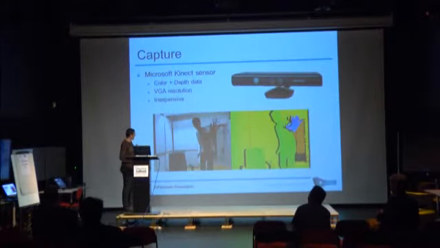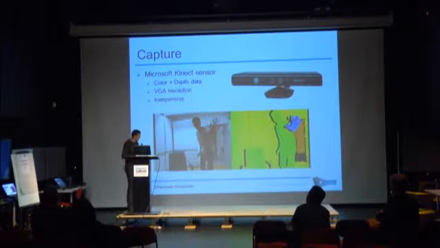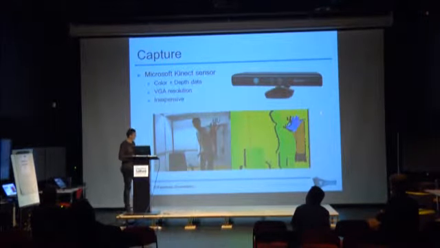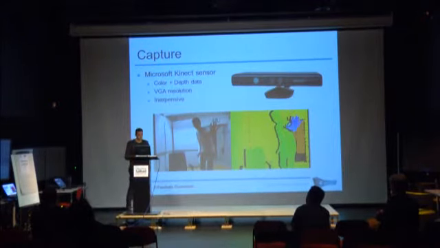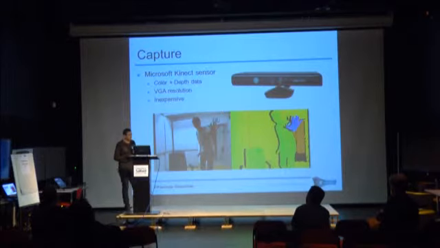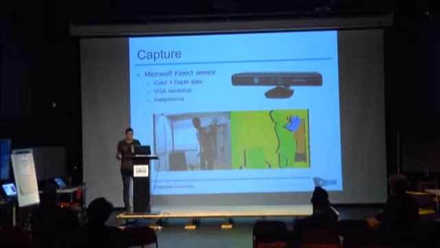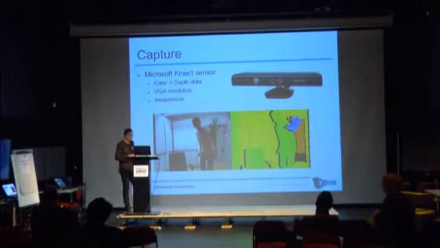The depth image has this information about the depth of each of these pixels. And the good thing about the depth image is, of course, that it's independent of the illumination, so it will work with the light on or off.